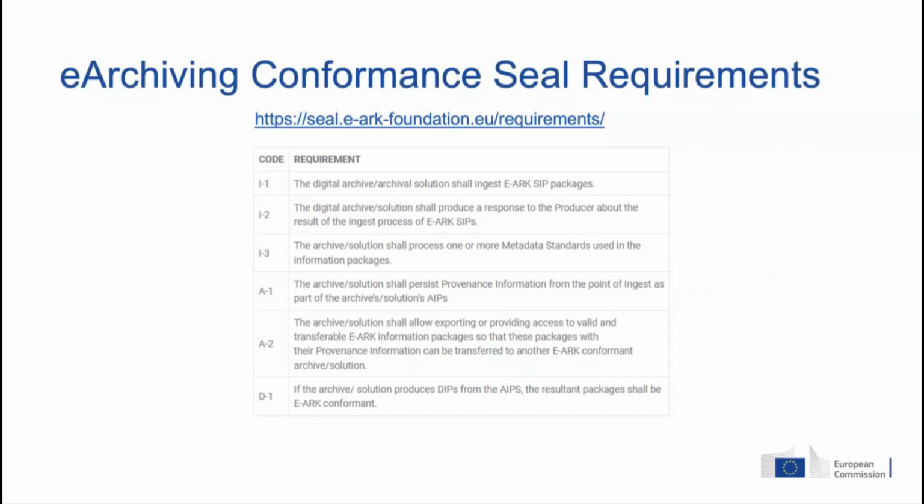And well, there are some requirements for the zip, requirements for the AIP, and for the DIP there is also one requirement. It's a short list. We don't want to overload people with going through big forms and doing things. I think it's doable to do this with a bit of effort to get the seal.